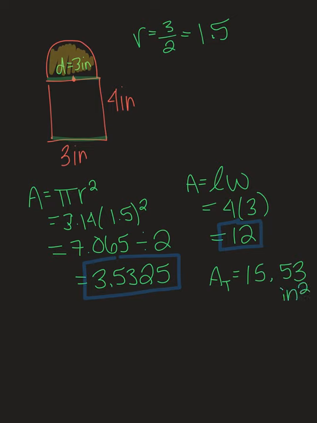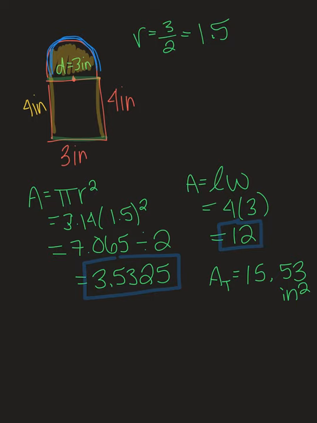Now to find your perimeter, we're just going to add up all the sides. So if you fill in these pieces here, if we have this side that's 4 inches, then our other side also has to be 4 inches. Now we have to find this semicircle's circumference, but remember, we are working with a semicircle, so we'll have to divide it in 2.